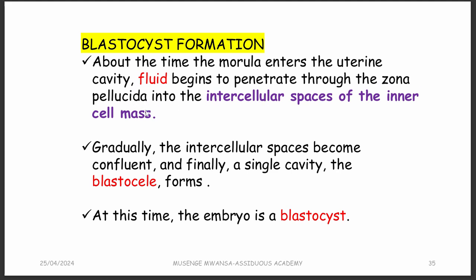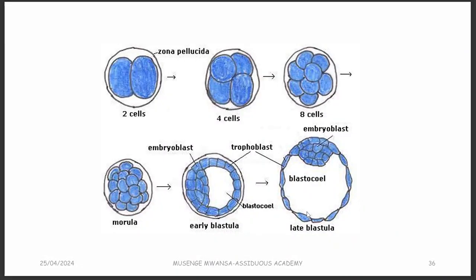Remember, the zona pellucida disappears by the fourth day. When the fluid enters the intercellular space, the space between the cells of the inner cell mass, it forms that big cavity, which becomes what is known as the blastocele. When you form the blastocele, the whole embryo is now called the blastocyst. So take note of how names are changing.